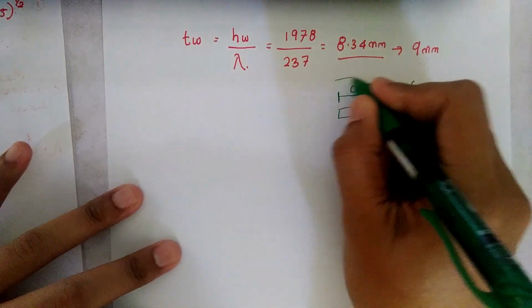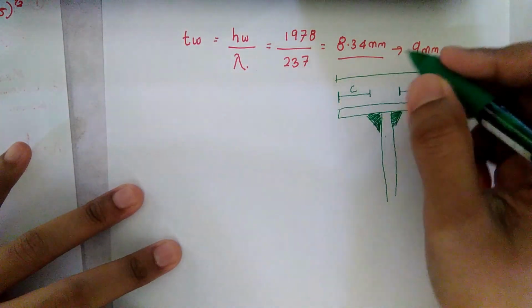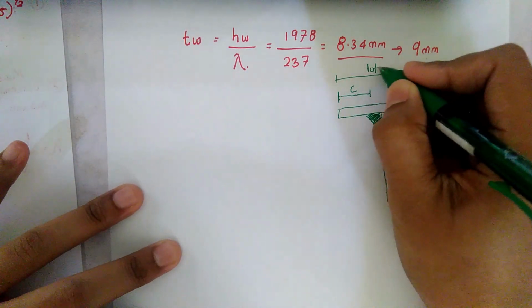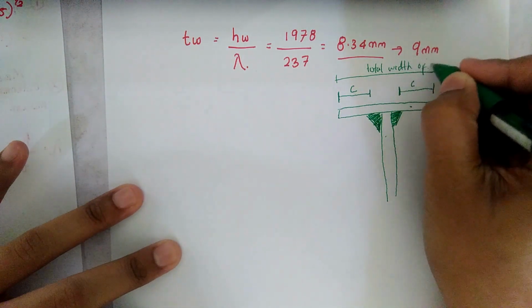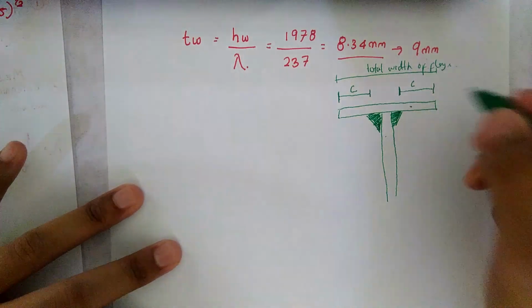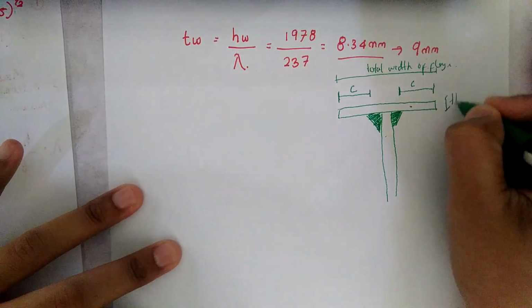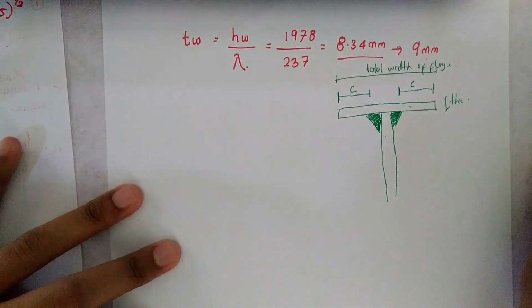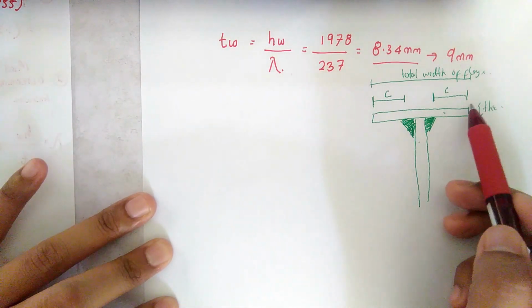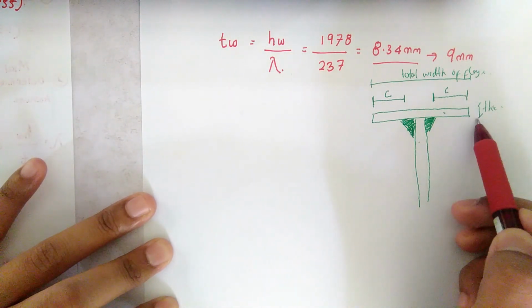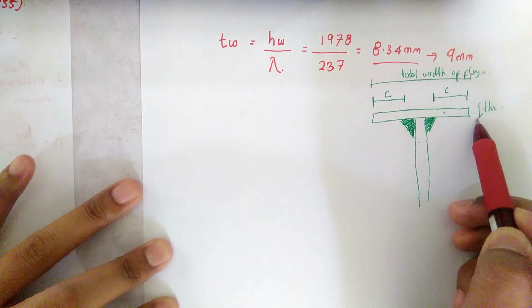So this is the total width of the flange of the plate girder, and this is the thickness of the flange. So now we're going to calculate the total width and the thickness of the flange of the plate girder.